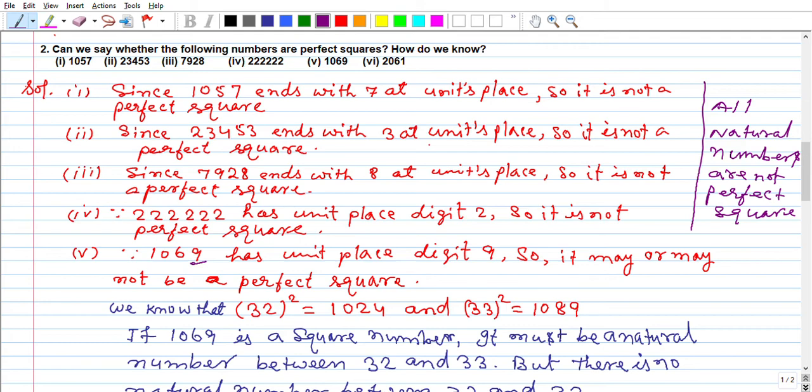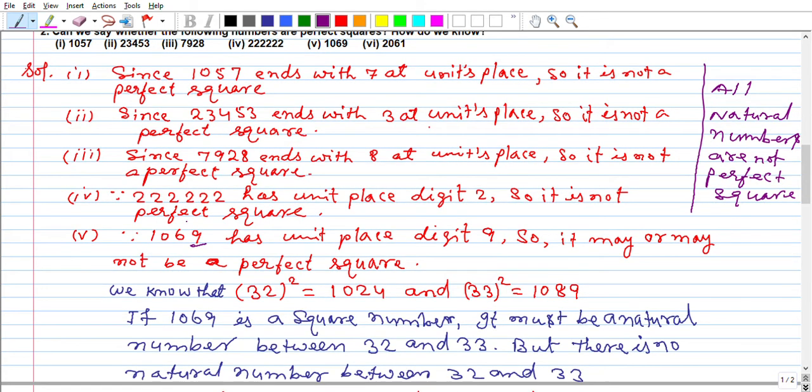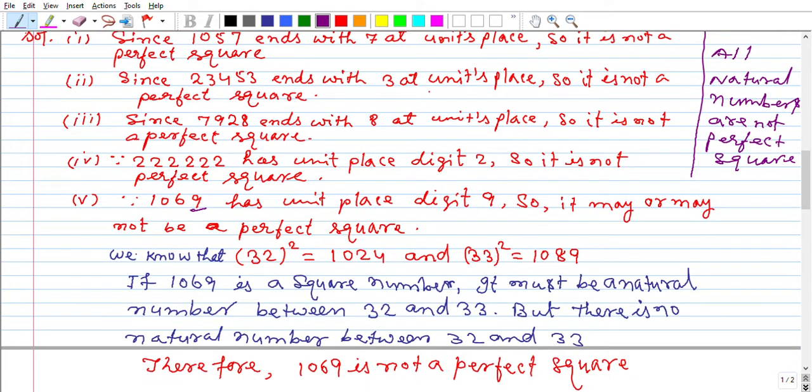If 1069 is a square number, it must be a natural number between 32 and 33. Is that right? But there is no natural number between 32 and 33. Therefore, 1069 is not a perfect square. It's clear. I hope my dear learners are understanding the things.